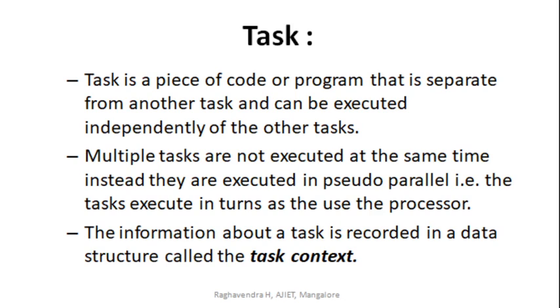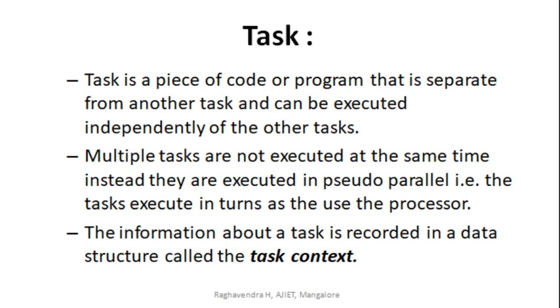An operating system decides which task to execute in case there are multiple tasks to be executed. If there are multiple tasks, then the operating system will decide which task has to be executed first, I mean, which has a higher priority.